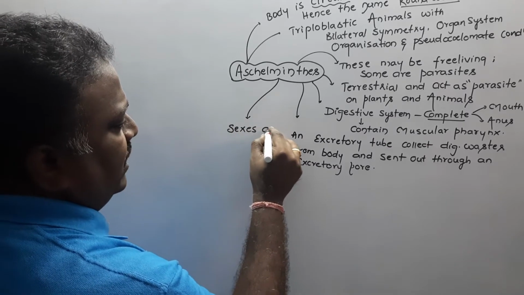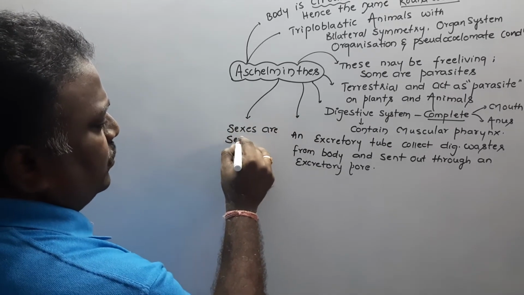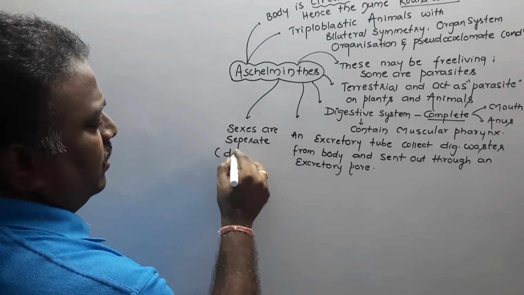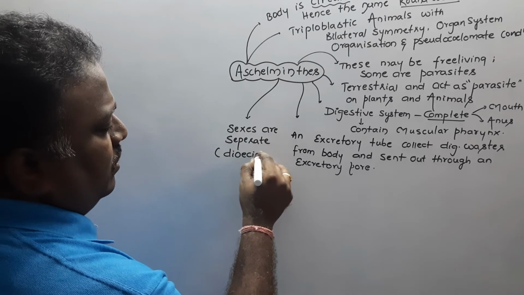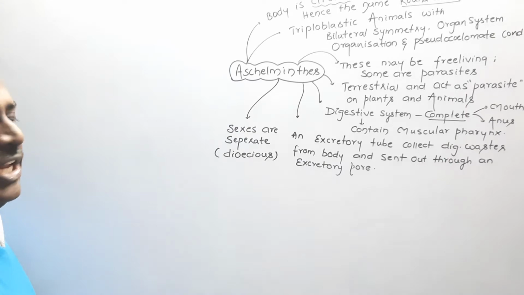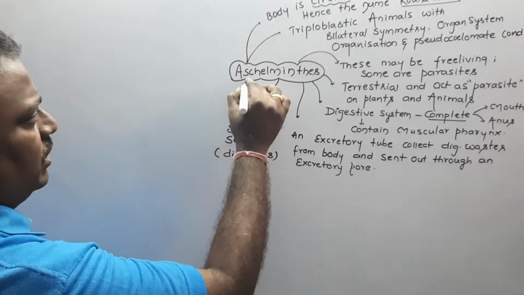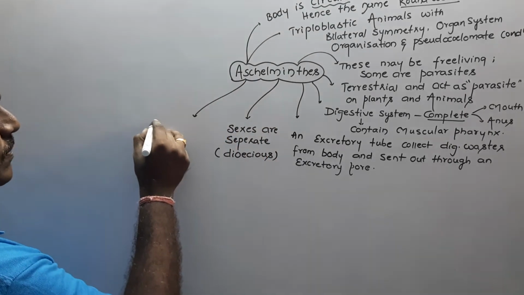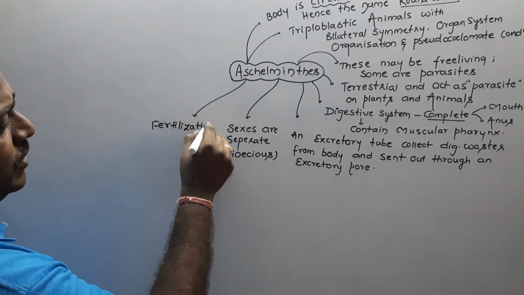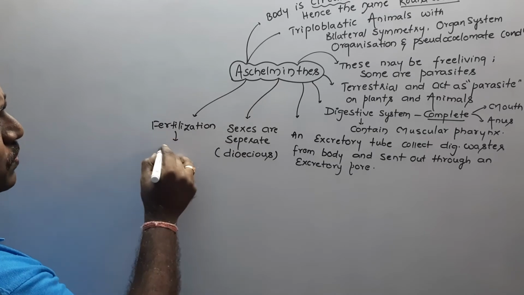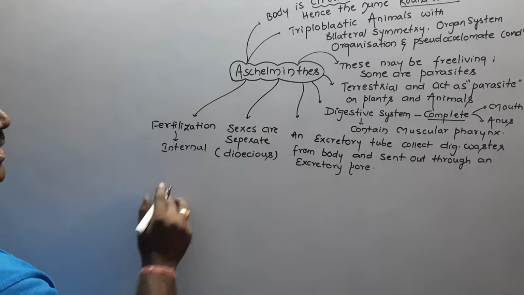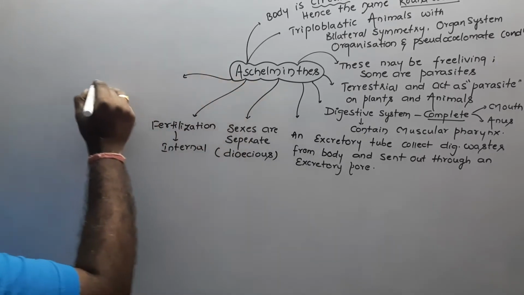What about the sexes? The sexes are separate. Yesterday we also talked about sexes being separate in arthropods, dioecious, meaning males and females are separate. Then what about fertilization? As the sexes are separate, fertilization mostly occurs inside the body, hence fertilization is internal. Then what about the development, sir?